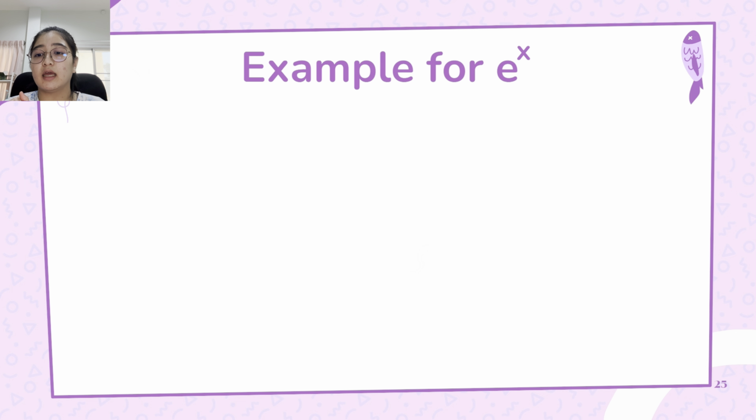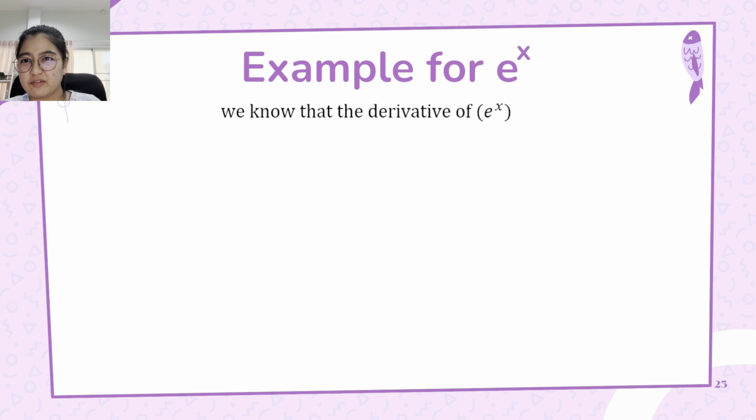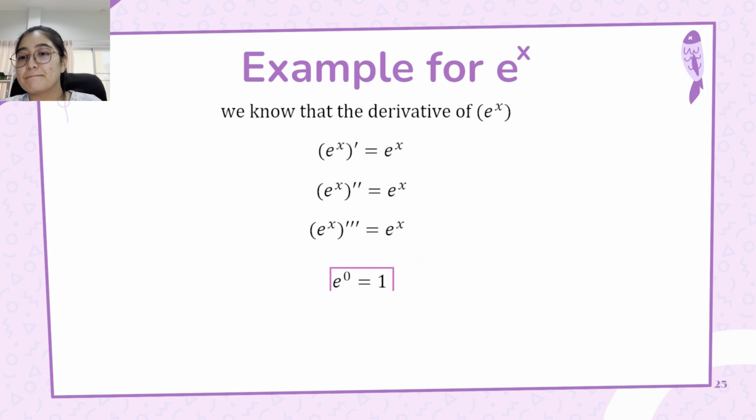So we will be left with the summation from n equal to 0 to infinity of the n-th derivative at 0, divided by n factorial, multiplied by x to the power n.